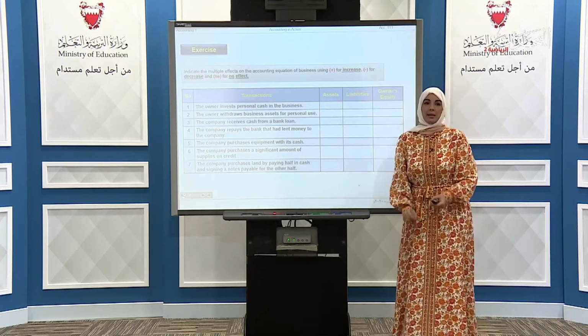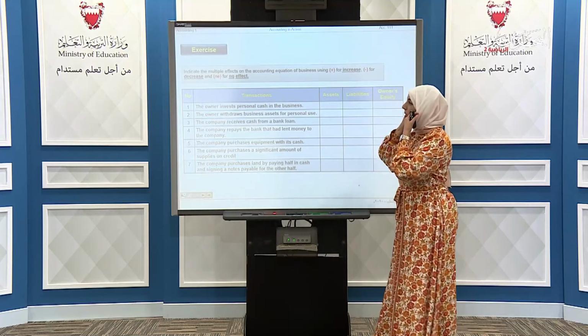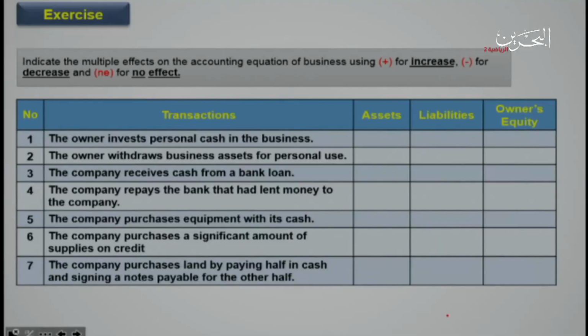Let us take an exercise, my dear student. The exercise we have: indicate the effect on the accounting equation of the business using the plus for the increase, the minus for the decrease, and no effect for a transaction that has no effect on it. You have a few minutes to take a look at the transactions.